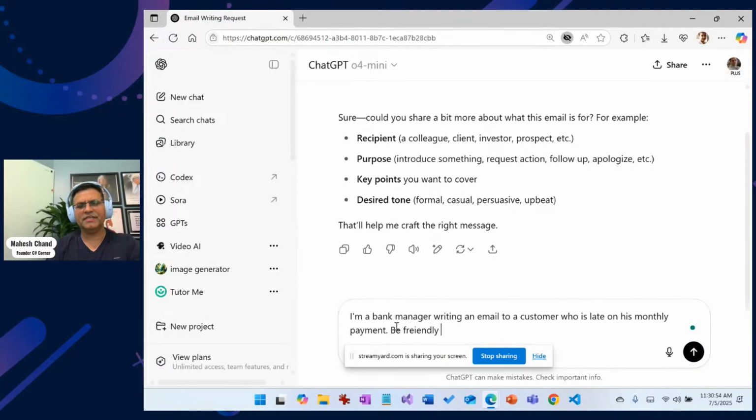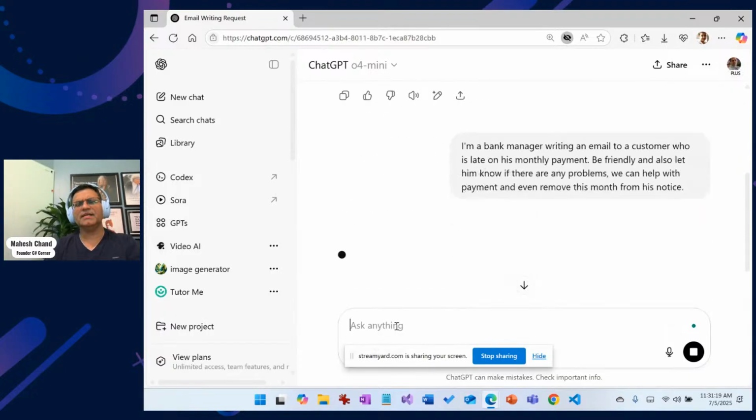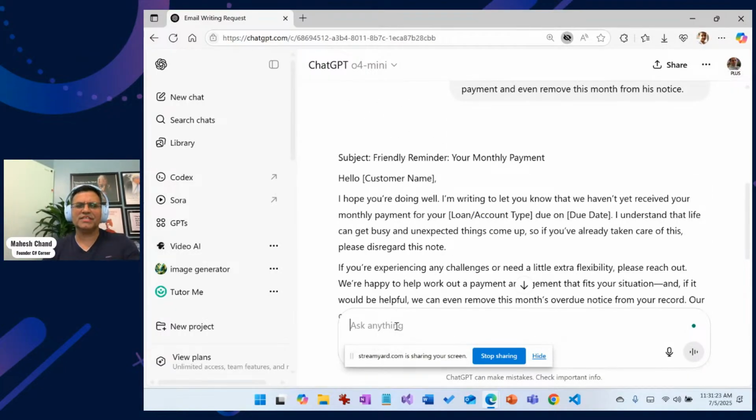Be friendly and also let him know if there are any problems we can help with the payment, and even remove this month from his notice. Whatever, you get the idea. Now you can also say what is the bank, what is he, like this. Exactly what it says, right?